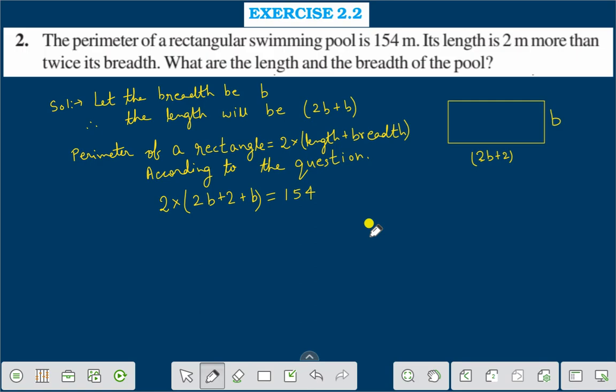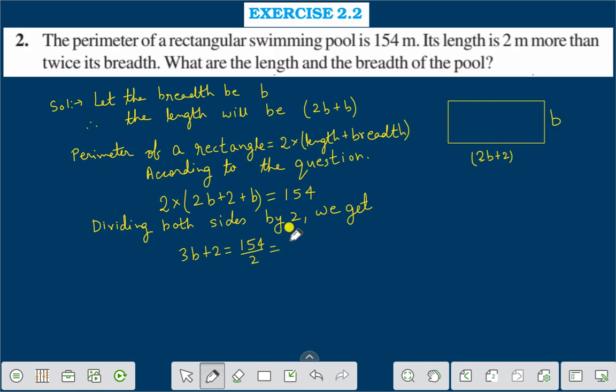Dividing both sides by 2, we get 2b plus b is 3b plus 2 is equal to 154 divided by 2.